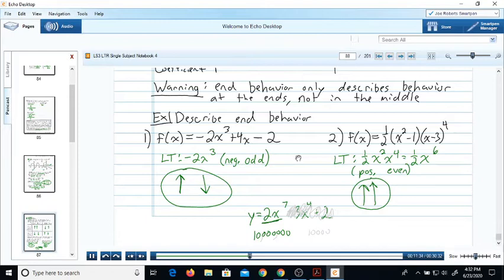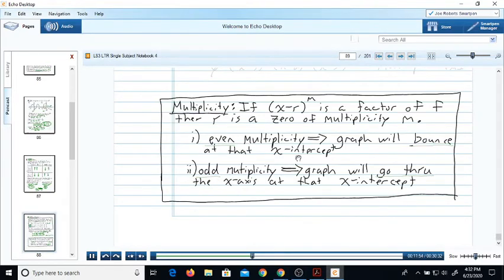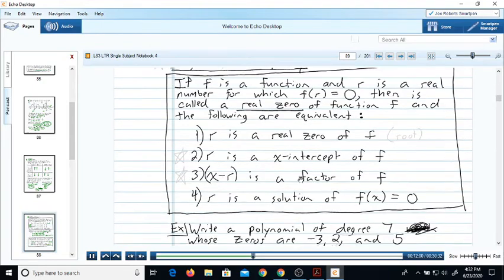And 10 to the 4th is 4 zeros. You're comparing 10,000 to 10 million. So in other words, as x gets large, all the other terms become insignificant in comparison. The leading term is just going to completely eclipse the lower degree terms. So that's why we see that type of behavior out at the ends.